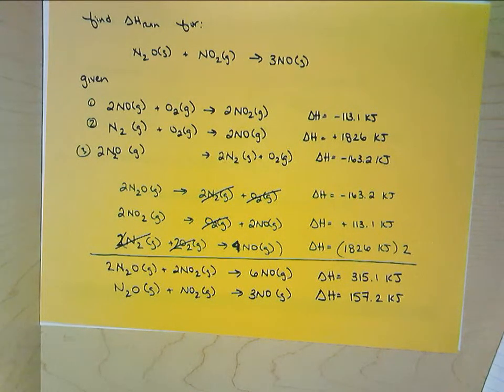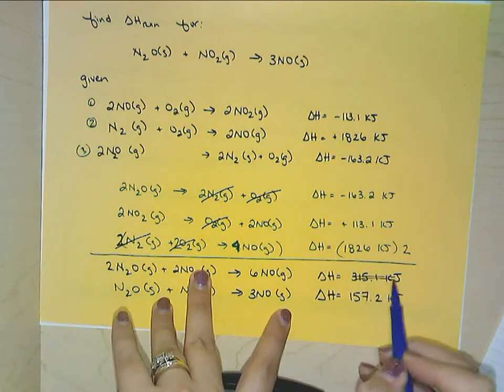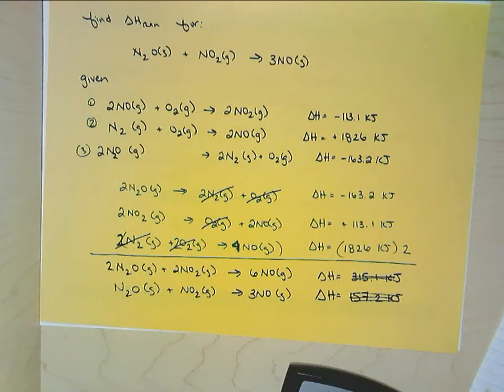Is that not half? 315 divided by 2. I got it. Oh, did I mess up my math a step above? That would be why. Well, that's why everyone should have their calculator out, because there's a good chance I messed it up.